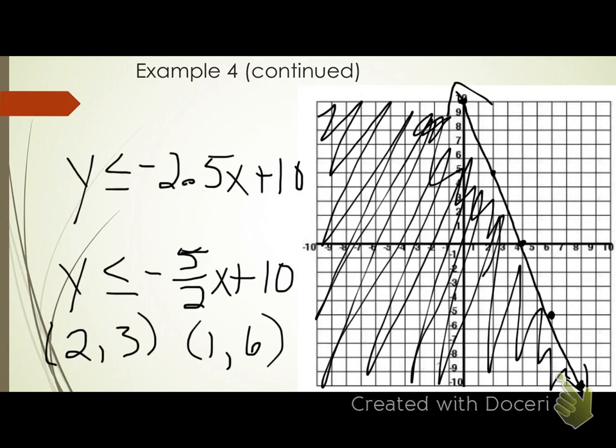Where is 2, 5? It's right on the line. Is my line solid or dashed? It's solid. If my line is solid, it includes the ordered pairs on that line, because it's equal to. If it's dashed, it does not include those ordered pairs on that line. Does that make sense? So 2, 5 would work here.